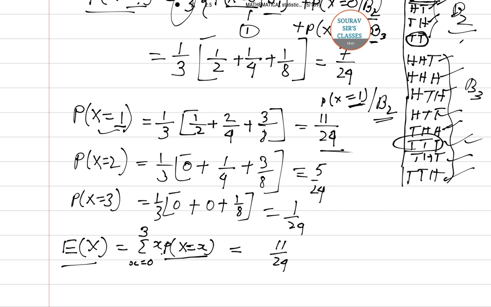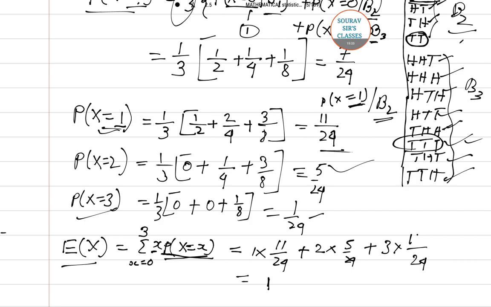So 1 into 11 by 24, plus, when x is equal to 2, 2 into the probability we found, 5 by 24, plus, when x is equal to 3, we have found it to be 1 by 24. Now if you solve it, we'll get the value to be equal to 1.